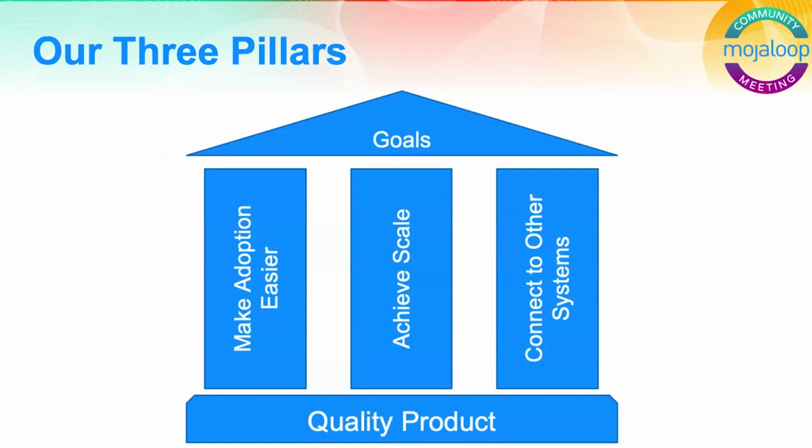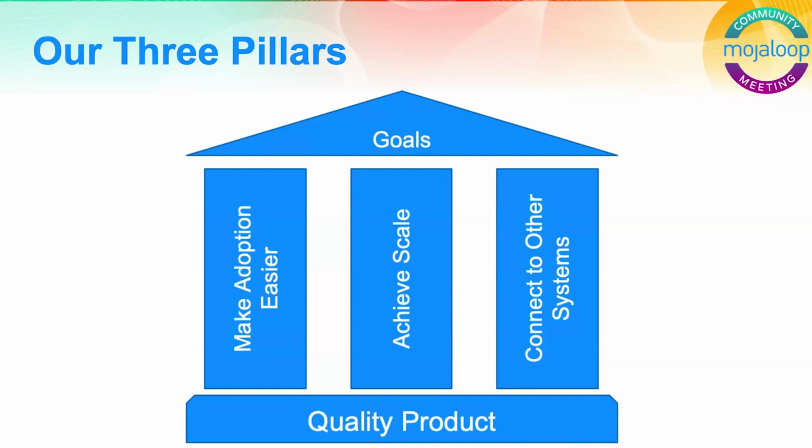We have the connect to other systems pillar, which is about a recognition that Mojaloop does not exist in splendid isolation. We have to connect to other payment systems in the world, and there's work going on very actively at the moment.